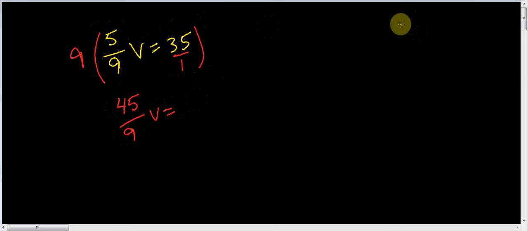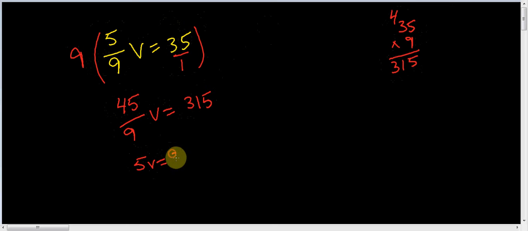Okay, let's do this over here. So we have 5, it's 45, 27 and 4 is 31, so 315. Alright, so let's see. We have 45 over 9, which is 5v, is equal to 315.